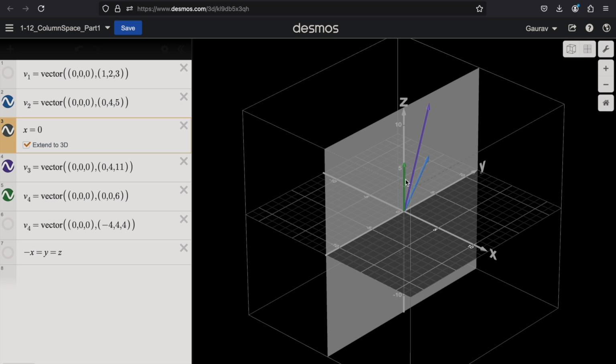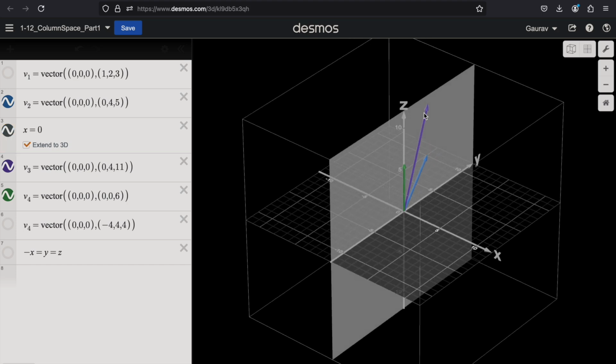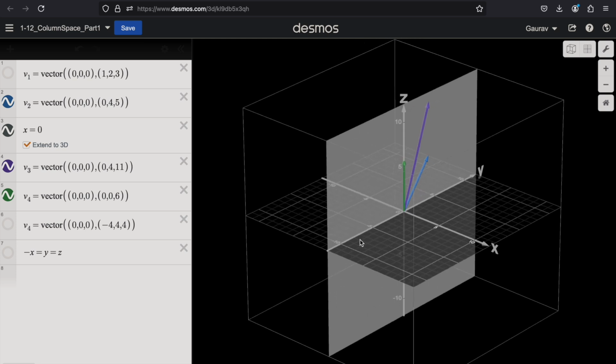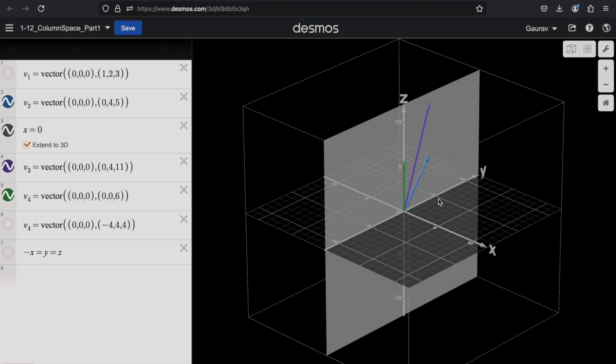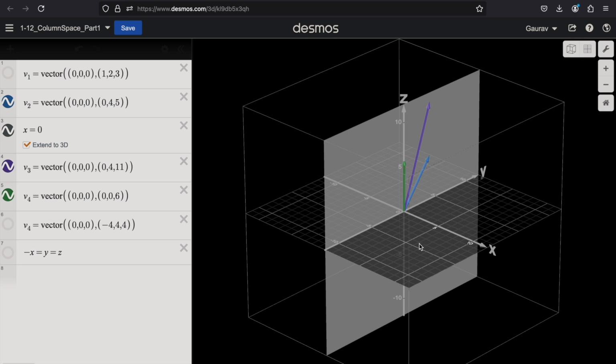The green one is the third column vector, and the purple one is the first column vector. So we see that all three columns belong to the same plane. Why? Because the first column is nothing but a linear combination of the second column vector and the third column vector. So the column space of this matrix A is nothing but this yz 2D plane. Okay, so the dimension is two.